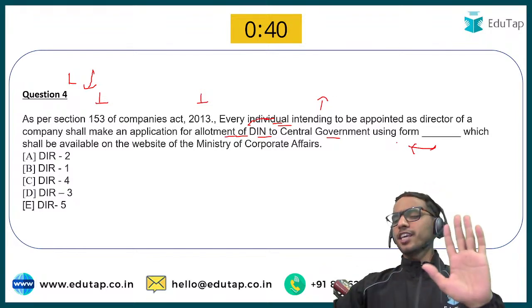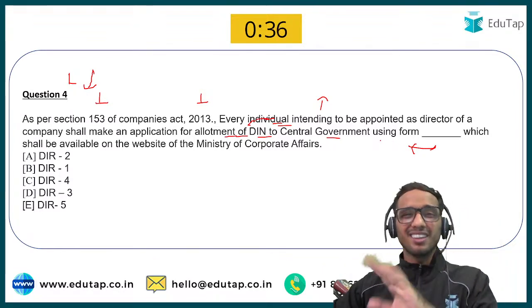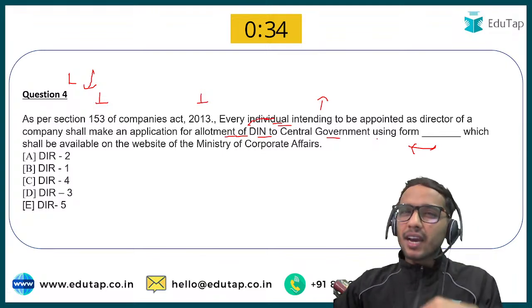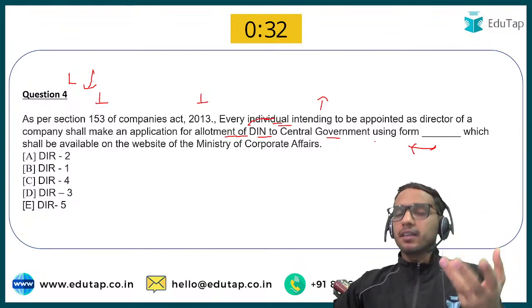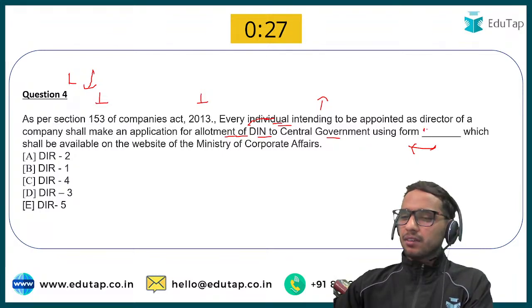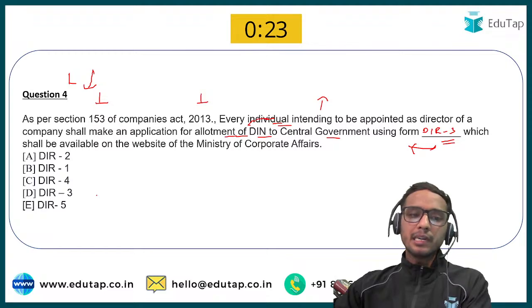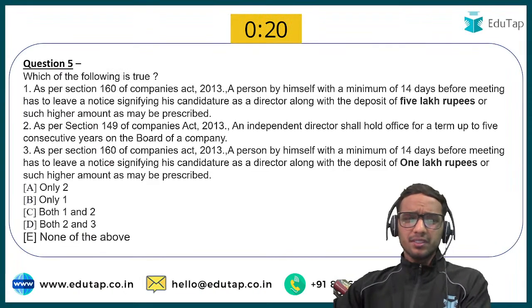It is just asking you the form number, and I started to get the answers. Don't worry if you are wrong or right, because in the Companies Act, with every question you need to remember the fact. That is why you are here, isn't it? So the form that we generally use is DIR 3. So option number D is the correct answer here. Okay, DIR 3. That was the easy question.